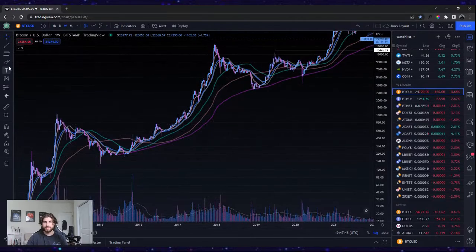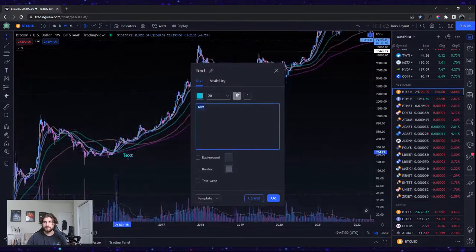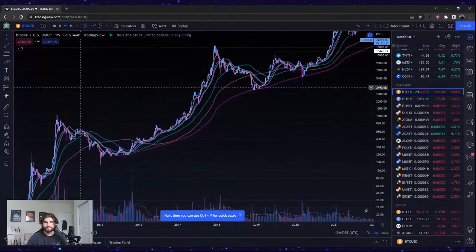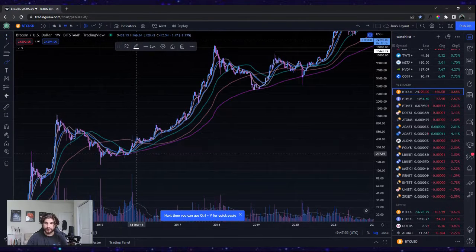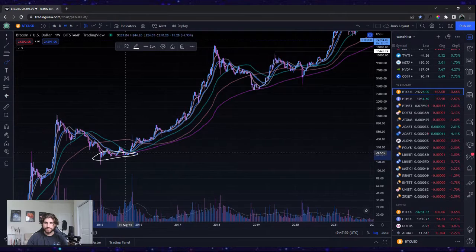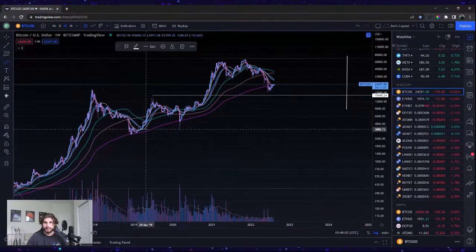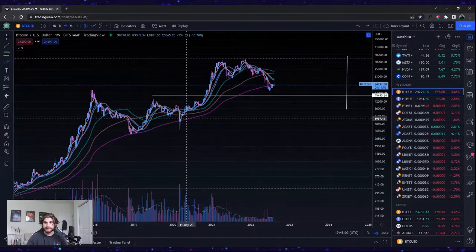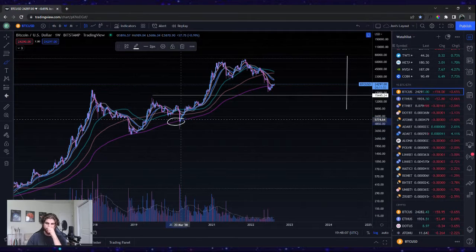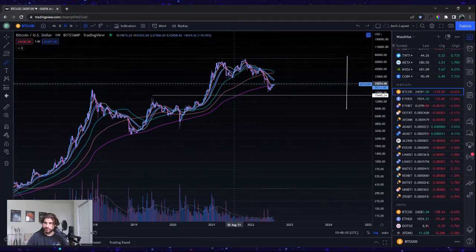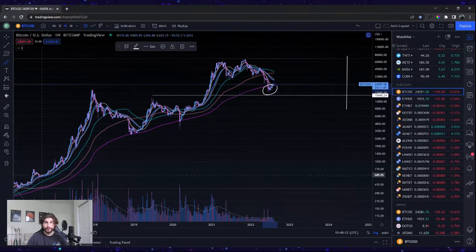as an asset. It was essentially the bottom of the 2015 bear market. It was the bottom of the 2018 bear market. It's where we had our weekly closes at in the March 2020 COVID capitulation, and it's where we're at right now.